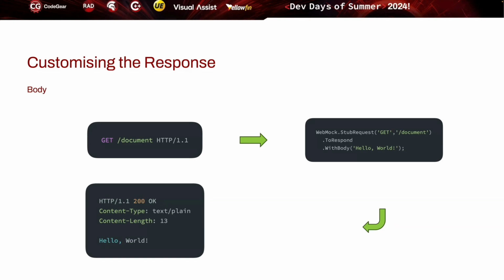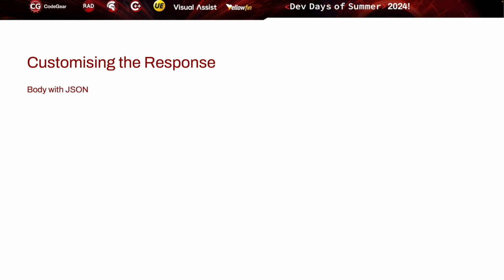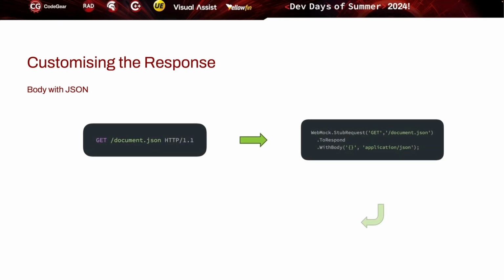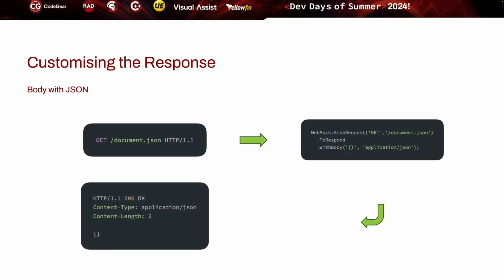If you give it something else, you need to specify what that is. So if we want to respond with JSON as a body, so here's an example: get document JSON, and on the WebMock we're saying webmock.stubRequest get document.json to respond with body, and we can see there we've just got some empty curly braces, and the second argument of with body is a content type, in this case application/JSON.